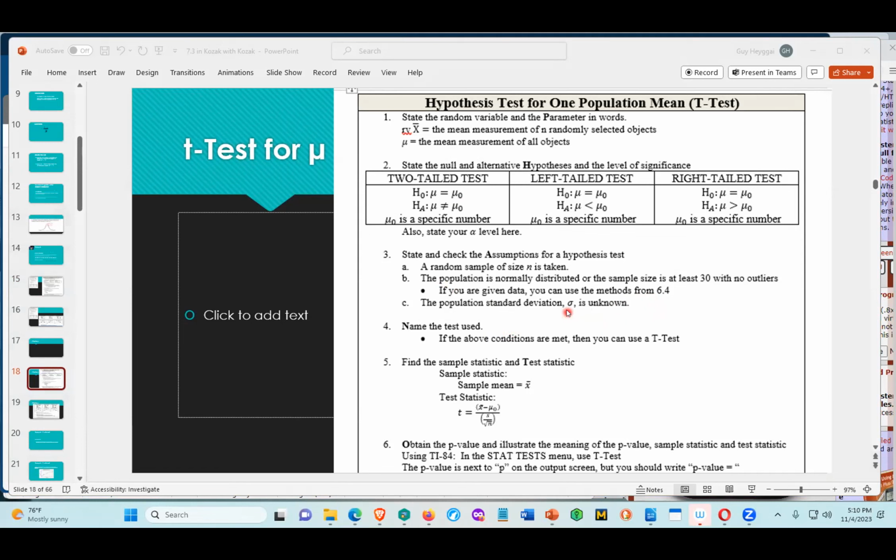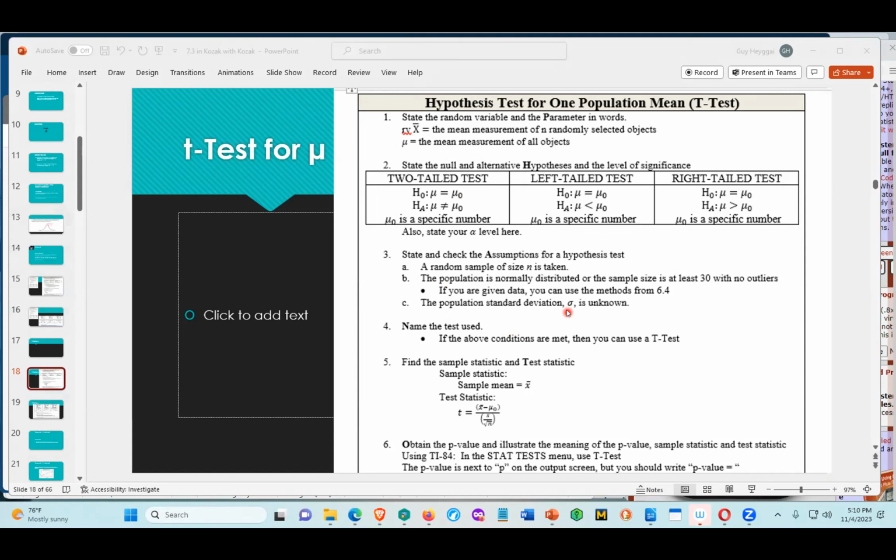I asked Professor Newman at San Jac North why he always has a t-test and he never does the z-test when testing for mu. And he says, it's because sigma is never known. In real life, no one ever knows the population standard deviation.